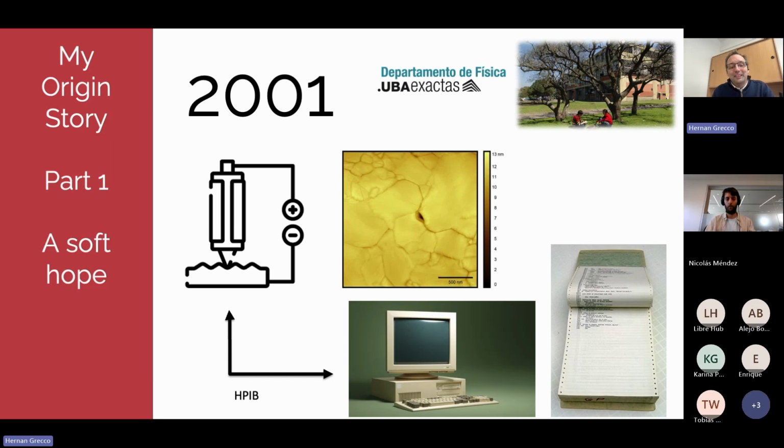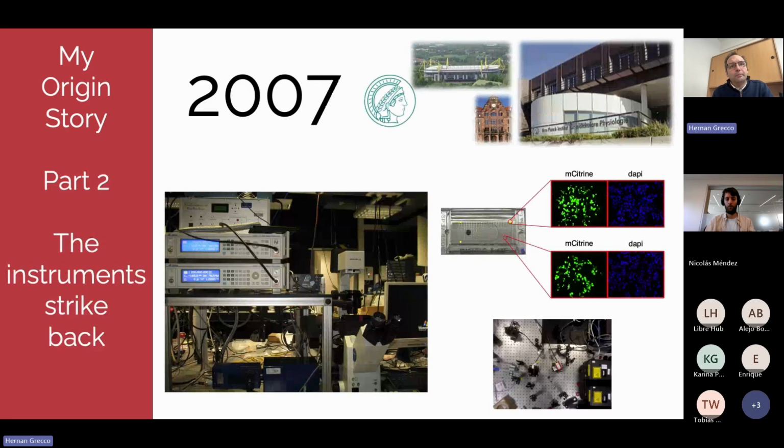Fast forward a few years, I started to work in Dortmund as a postdoc at the Max Planck Institute for Molecular Physiology. And over there, my first job was to build a device to do a screening using a microscope.